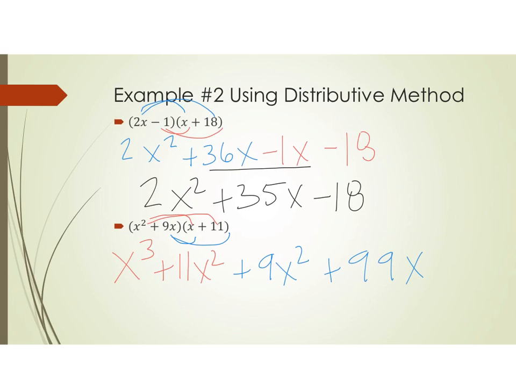Once I have all the multiplying done, combine like terms in descending order. Highest power, x cubed. I have like terms of x squared. 11x squared plus 9x squared gives me 20x squared. And last, 99x.